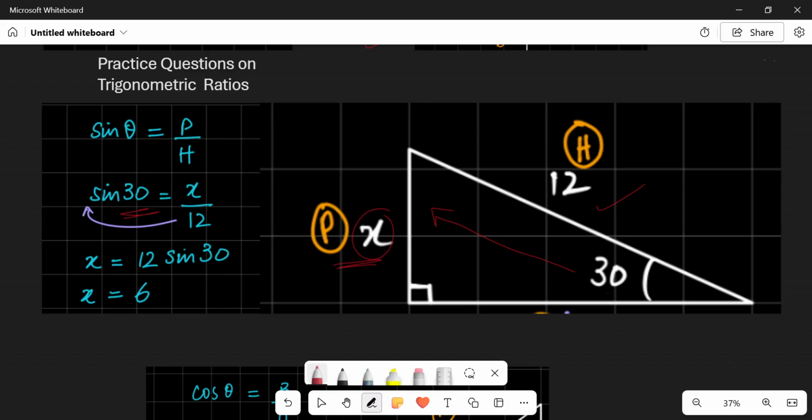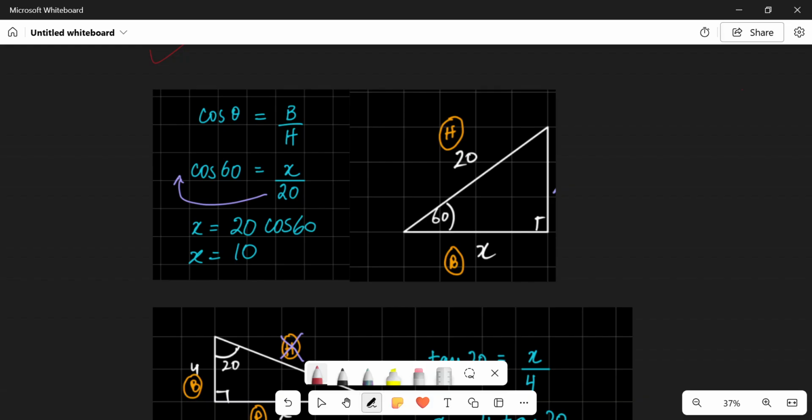Then we need to do the calculation. We are allowed to use a calculator in the exams. We do the cross multiply, so x equals 12 times sine theta. We find the value of sine theta and then multiply by 12. The answer is x equals 6. Let's solve another example.